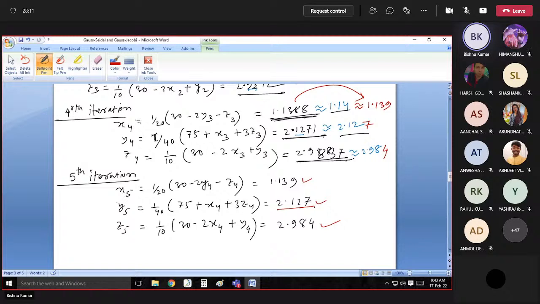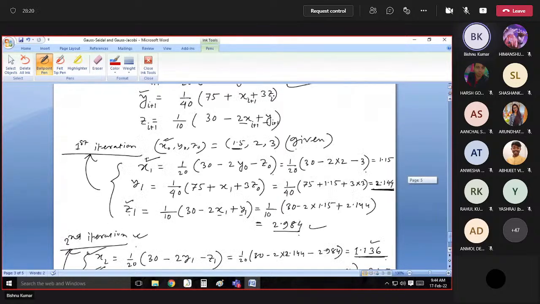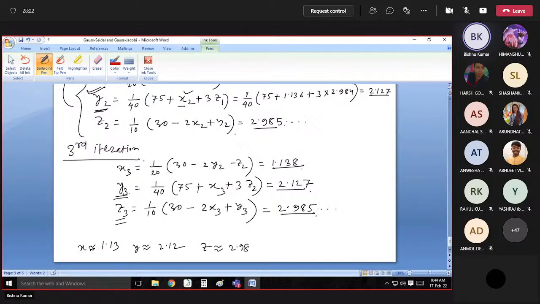And what was in the Gauss-Seidel iteration method? 1.13, 2.12, 2.984. In the Gauss-Seidel iteration method, we have done the same things. X was 1.139 up to 3 decimal places, or if I round up, it is 1.14.